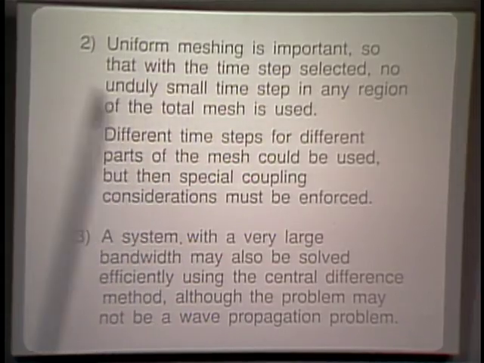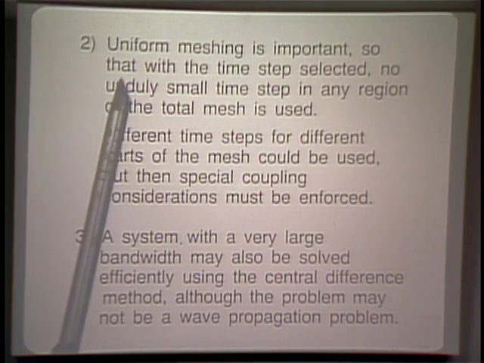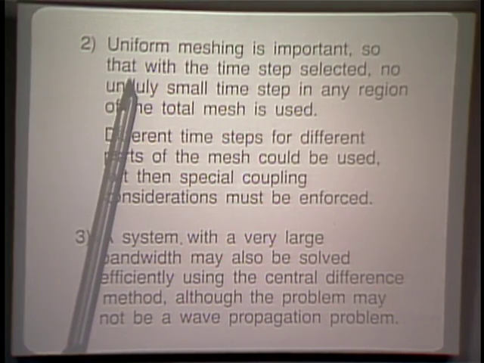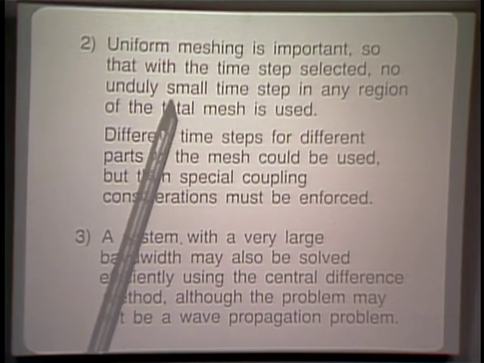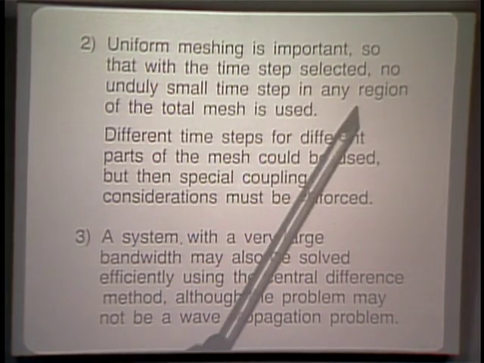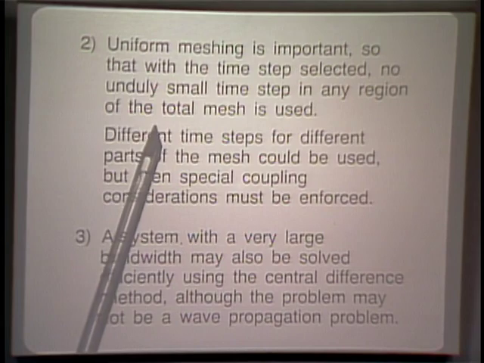Using the explicit time integration method, it is very important to use uniform meshing, and the reason for it is given right here. Namely, we want to have a time step that is not unduly small in any region of the total mesh.